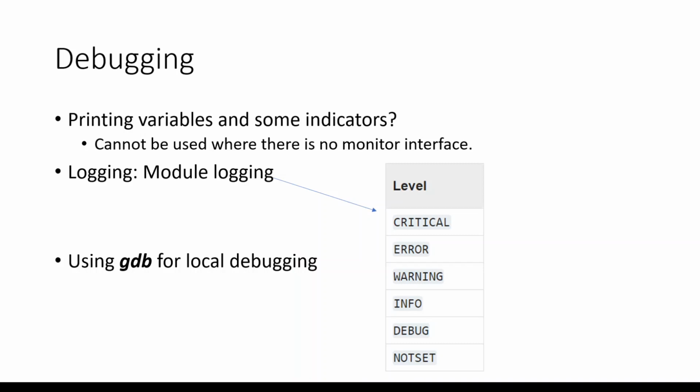And also, we have five or six levels of enabling logs. That means if I'm interested only in critical logs, I can simply enable that and print those critical logs. Maybe I need only critical and error logs, I can do that. So there is a lot that you can do with the logging module.